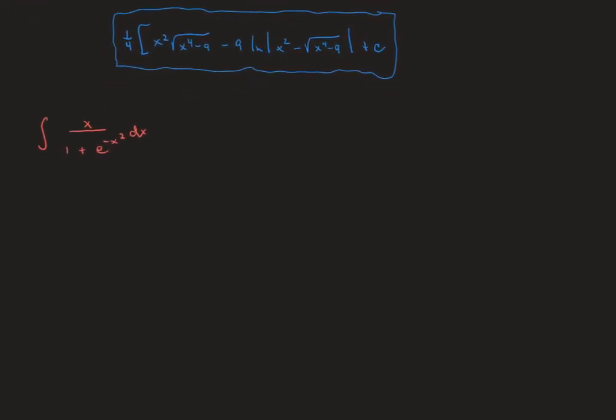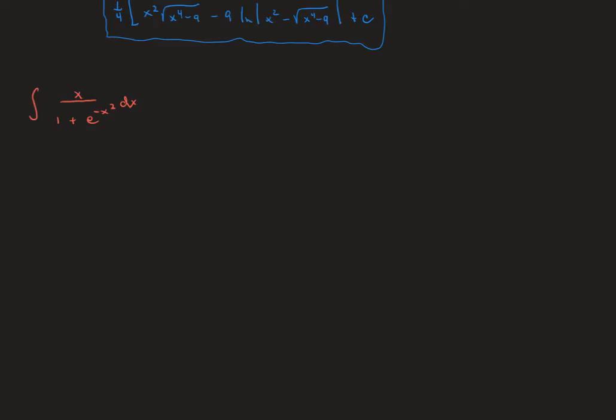Let's try another one. So here our integral is x over 1 plus e to the negative x squared, and then we have a dx. If you take a look for this, you might want to pause it because it'll take a little while. We are going to look in the e to the u section, and hopefully you will find that number 84 is going to match this.